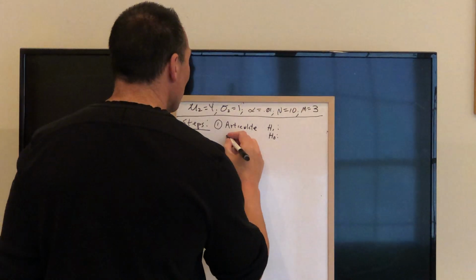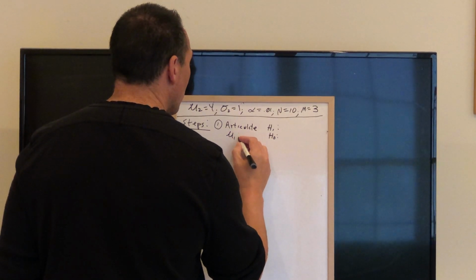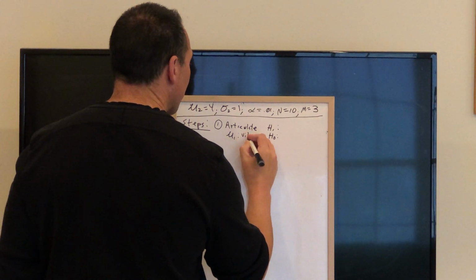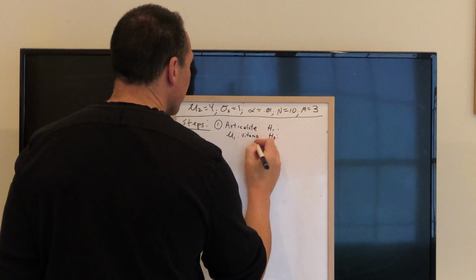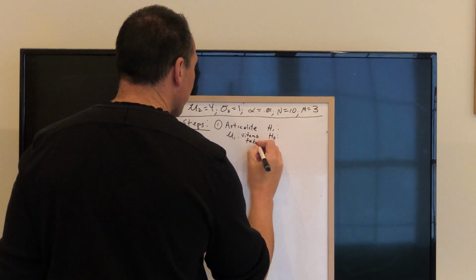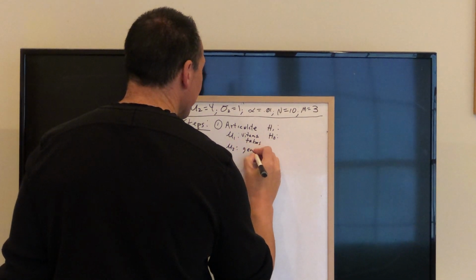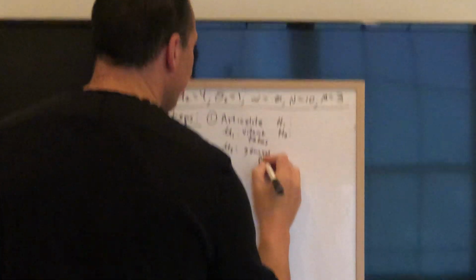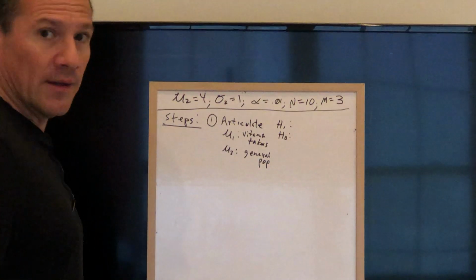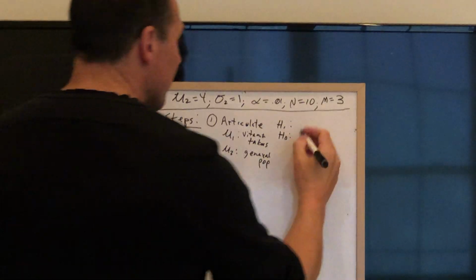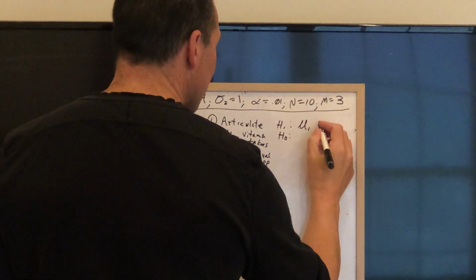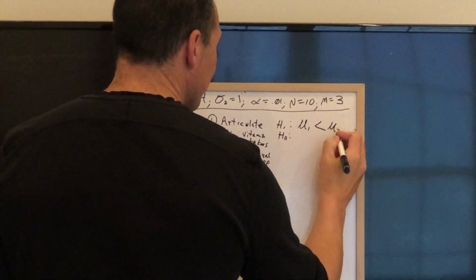Okay, so mu sub 1 corresponds to vitamin takers. Mu sub 2 is the general population. And the research hypothesis is that mu sub 1 is less than mu sub 2.